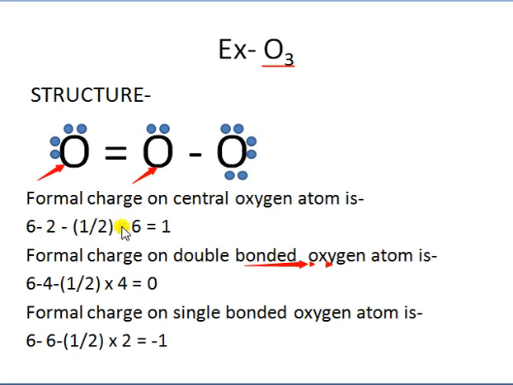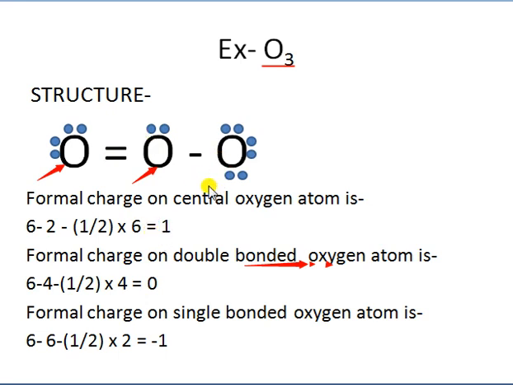Minus half into 6. 6 means the bonded electrons that participate for the central oxygen atom. On one side it contains one double bond, and on the other side one single bond. That means 3 bonds are created. For one bond 2 electrons participate. If it contains 3 bonds, that means it contains a total of 6 electrons. That means the formal charge for the central atom is 1.